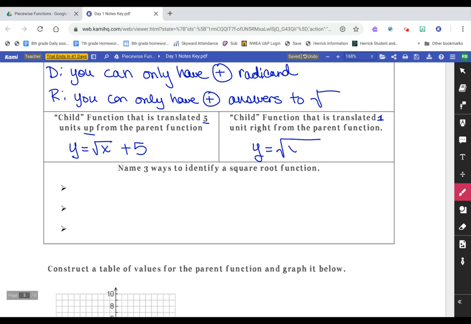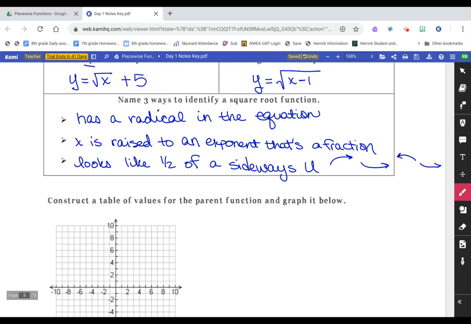So we're going to go x minus 1 because subtraction is moving to the right. 3 ways to identify a square root function can be the following. If it has a radical in the equation, if x is raised to an exponent that's a fraction, or if the graph looks like half of a sideways U, and I gave some examples to the right.